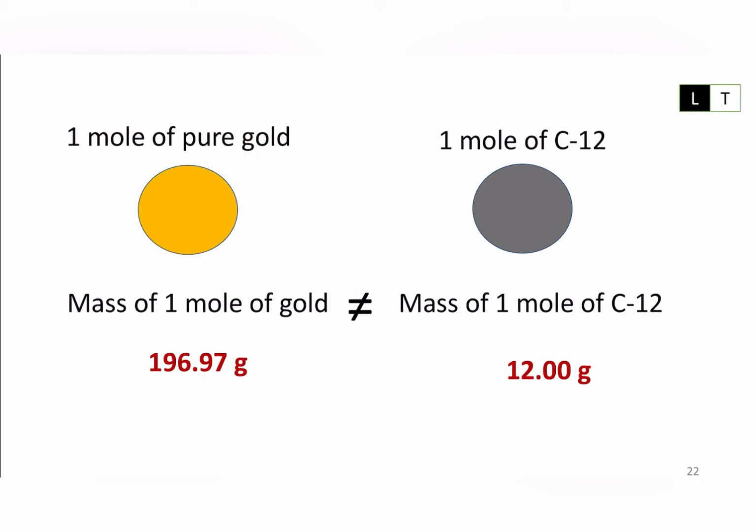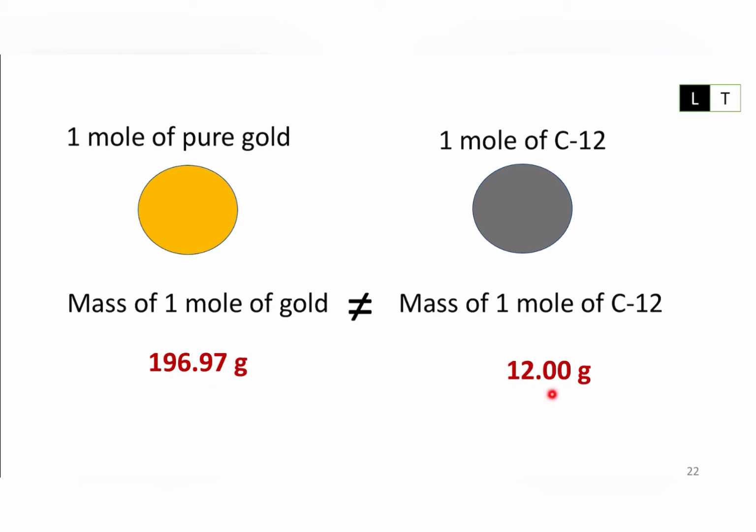Now I'm going to relate the number of moles of any element with comparison to carbon-12. For example, I have 1 mole of pure gold, and I have 1 mole of carbon-12. The mass of 1 mole of gold is not equal to the mass of 1 mole of carbon-12, because for gold the mass is 196.97 gram.